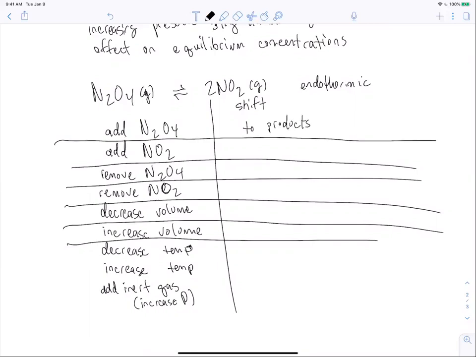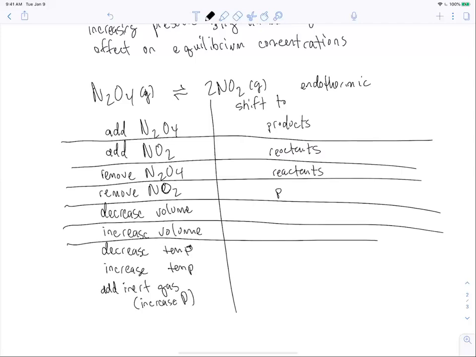Since I'm going to be writing that over and over again, I'll just say products. And if we add NO2, then we're going to shift to the reactants. If we remove N2O4, that's going to shift to reactants. If we remove NO2, that's going to shift to products.